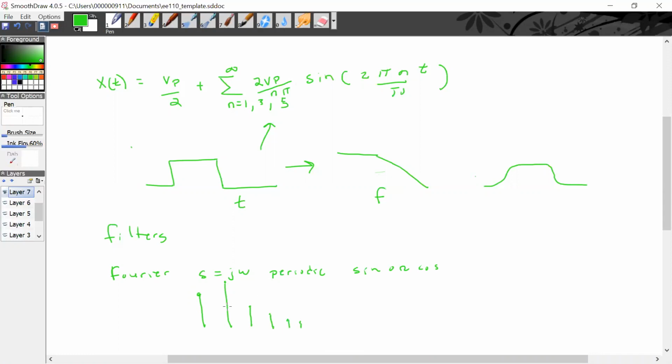And then you would have to choose. Now I have other questions. If I want a pulse width modulated signal, actually I'm going to redraw that.